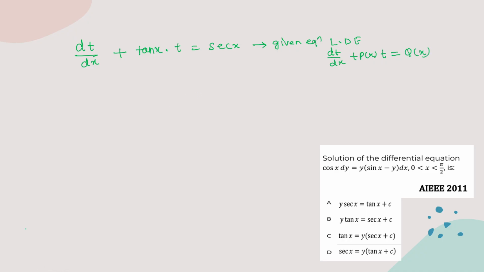Now find the integrating factor. The integrating factor will be e to the power integral of tan x dx, and we very well know that the integration of tan x will become ln of sec x. So e to the power ln of sec x, and the answer is directly nothing but sec x, because ln means base e.